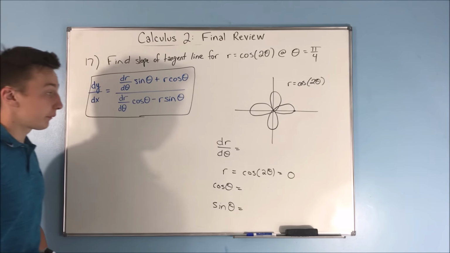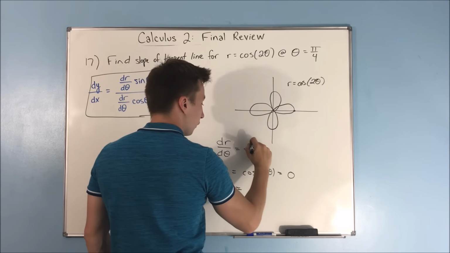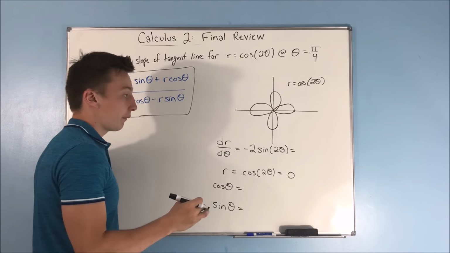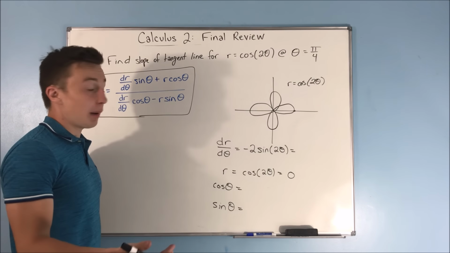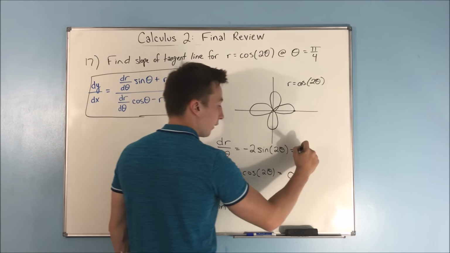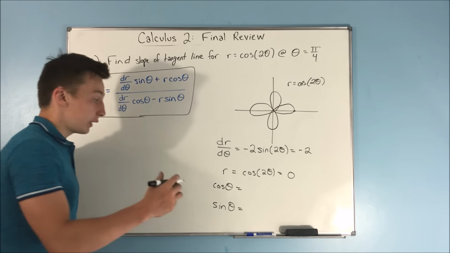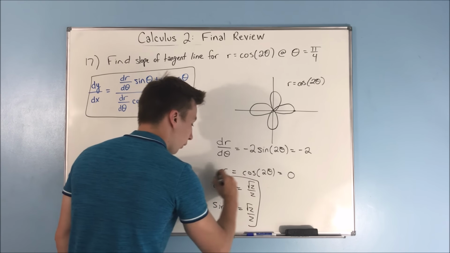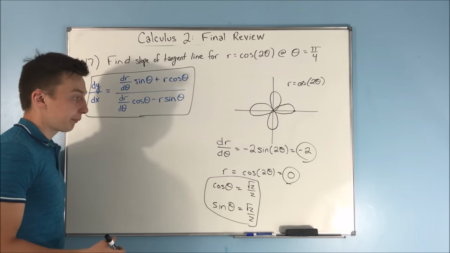For dr/d theta, that's the derivative of this, so that's -2 sine of 2 theta. When you plug in pi over 4 for theta, you get pi over 2, same as before, and sine of pi over 2 is 1. 1 times -2 is -2. Cosine of pi over 4 is rad 2 over 2, and sine of pi over 4 is rad 2 over 2 as well. So now you have everything that you need to plug in.